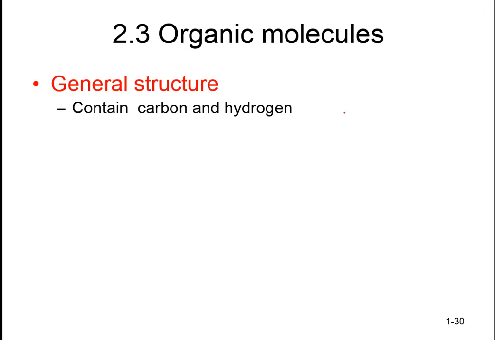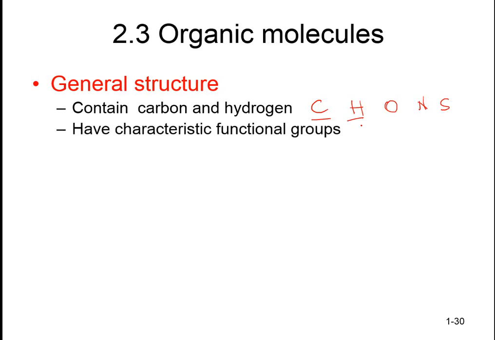So when you talk about organic chemistry, you will see carbon in there, and you will see hydrogen in there. Sometimes you will see oxygen, nitrogen, sulfur, among other atoms. But mostly you have carbon and hydrogen in organic compounds.